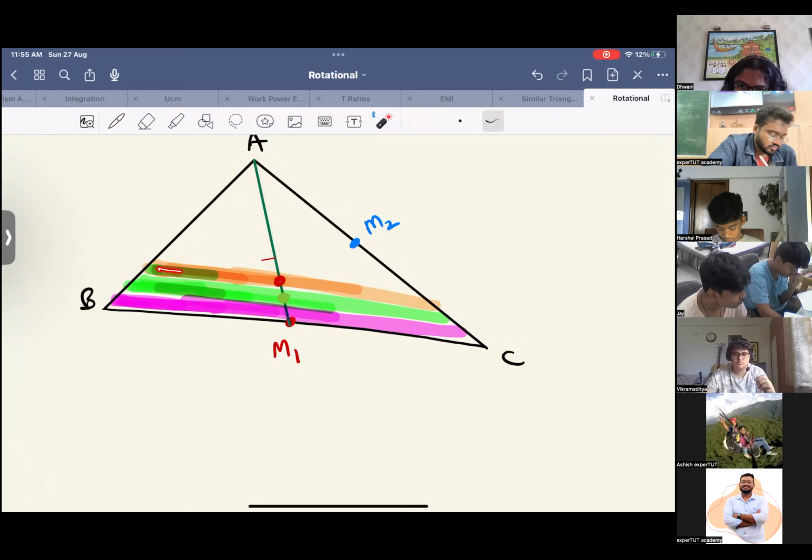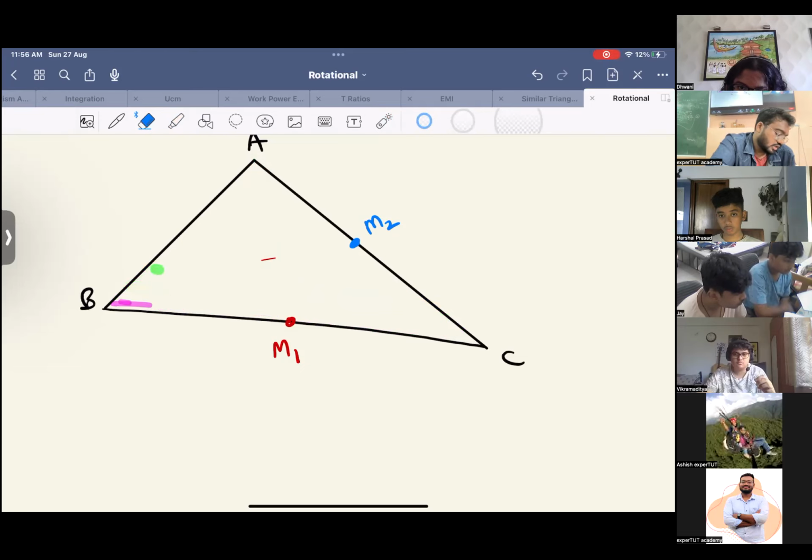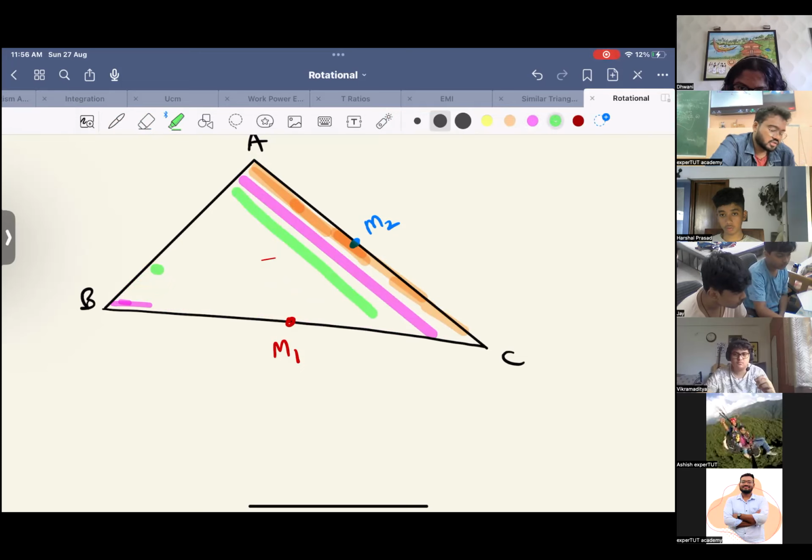Because all the midpoints of these are lying on this line, it lies somewhere on this line. Yes or no, understood? Similarly, you could have argued if you started your thin strips like this, and the next thin strip would be like this, then your center of mass would lie on BM2.